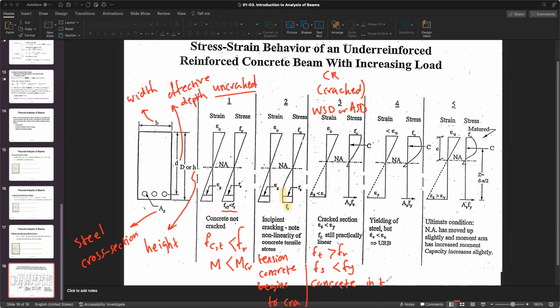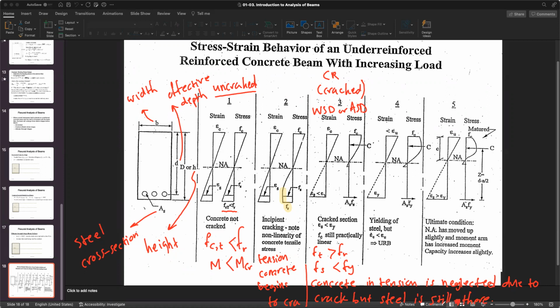Concrete in tension is neglected due to crack, but it is still there.